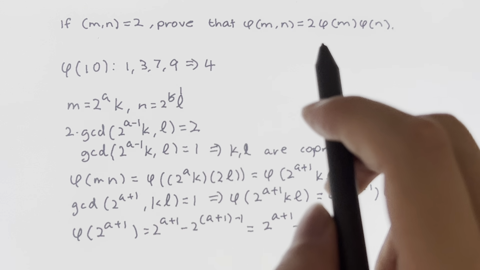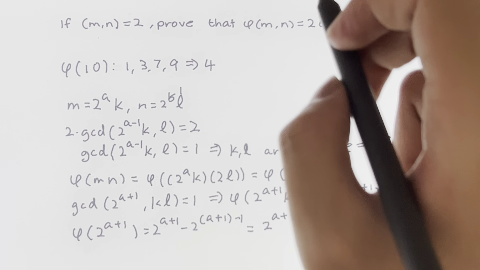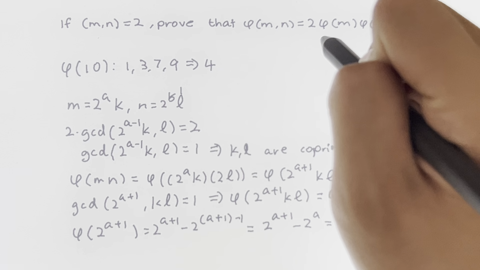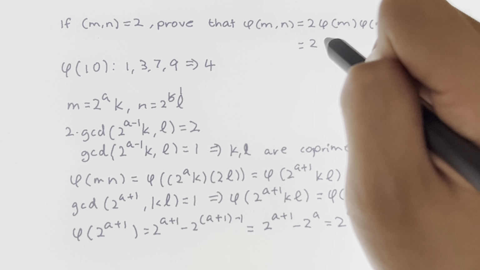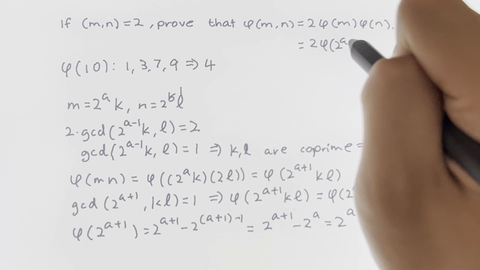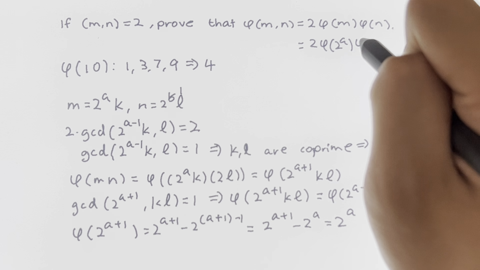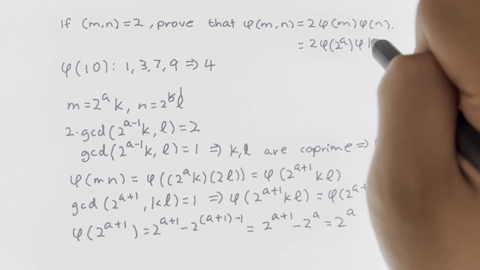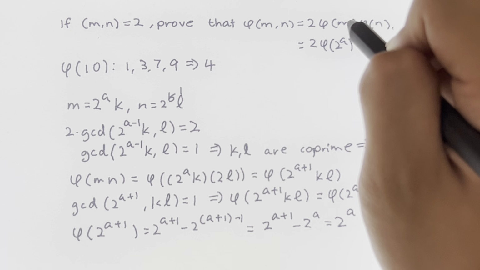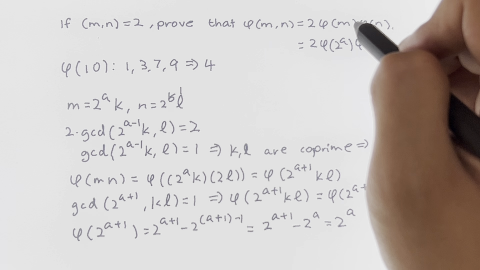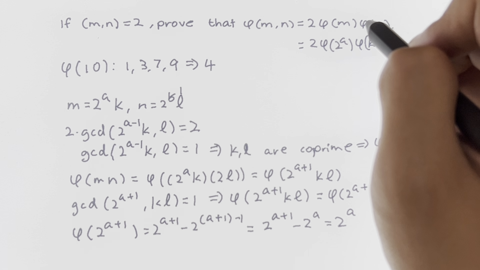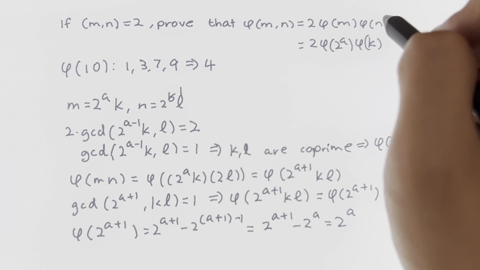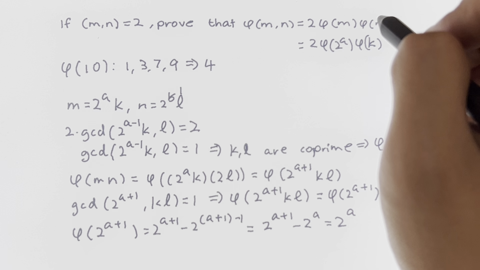Well, the Euler's totient of m becomes the Euler's totient of 2 to the power of a times the Euler's totient of k, because we know that m is 2 to the power of a times k. And then the Euler's totient of n is equal to the Euler's totient of 2 times the Euler's totient of l.